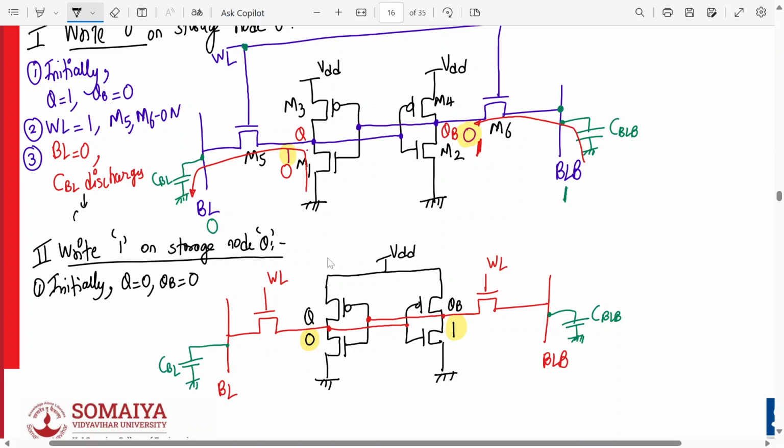Tell me, word line should be activated, yes or no? Word line activated means M5 and M6 are on. This is 0, right? So this will be 1. This is 1. So tell me now what will happen.